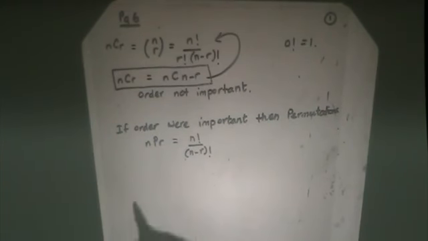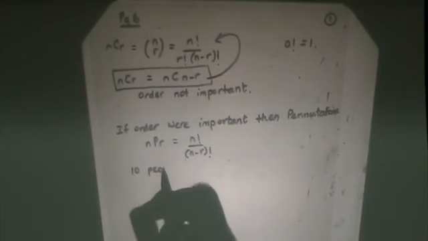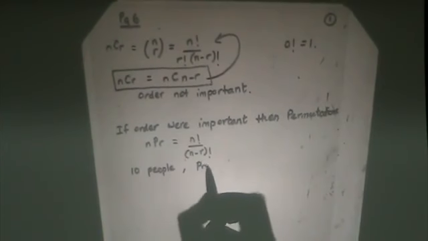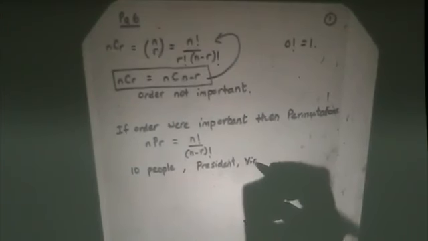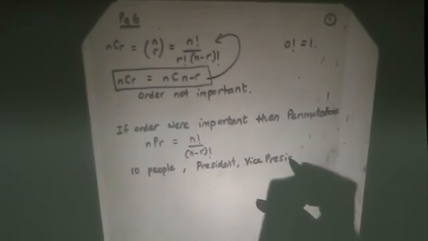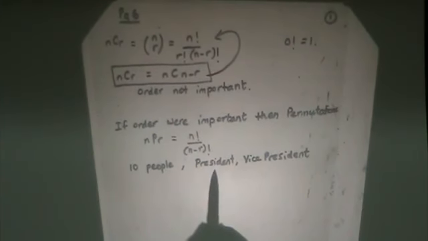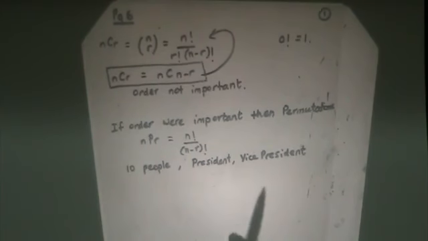So if I say to you, I have 10 people and I want to choose a president and a vice president, then all of a sudden it matters whether the first person picked is here or here, so I care all of a sudden.